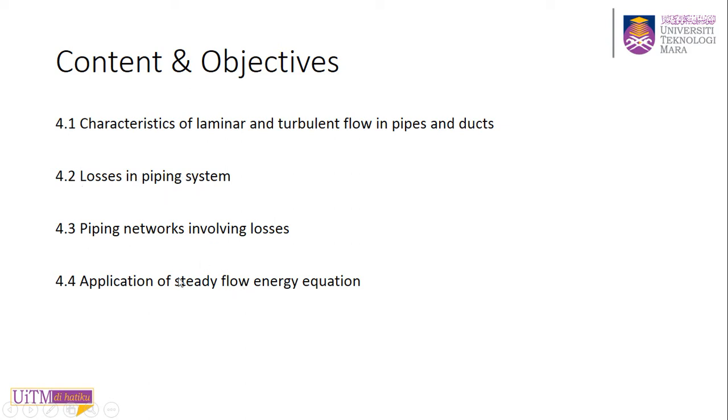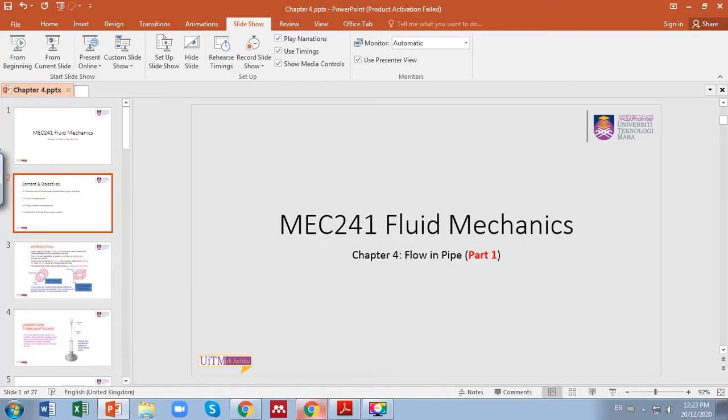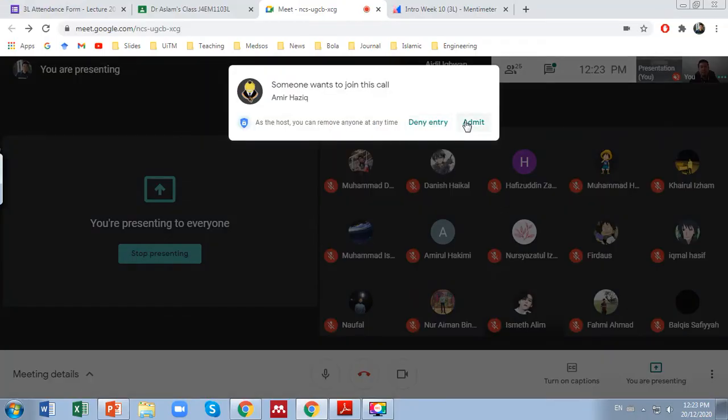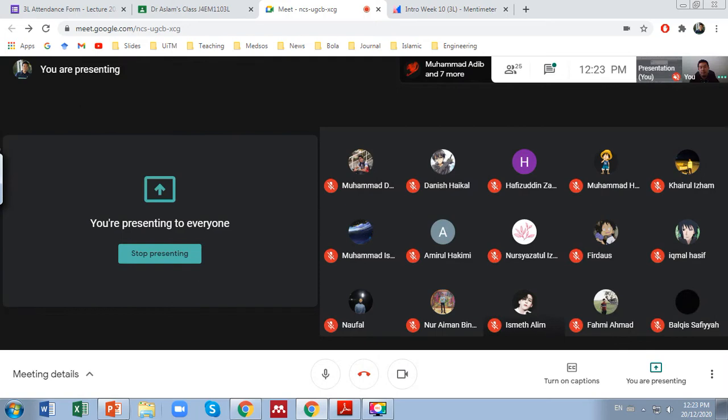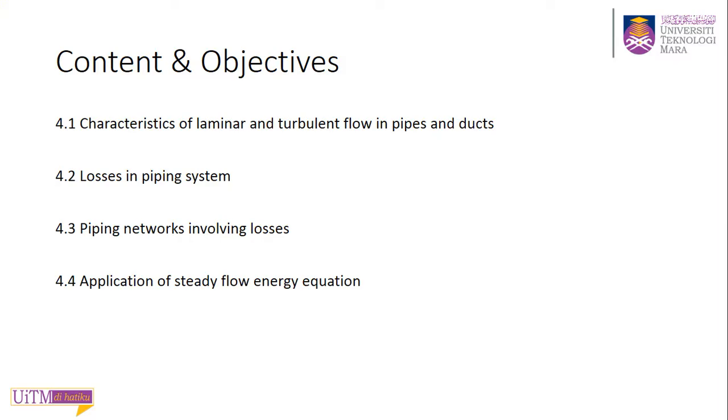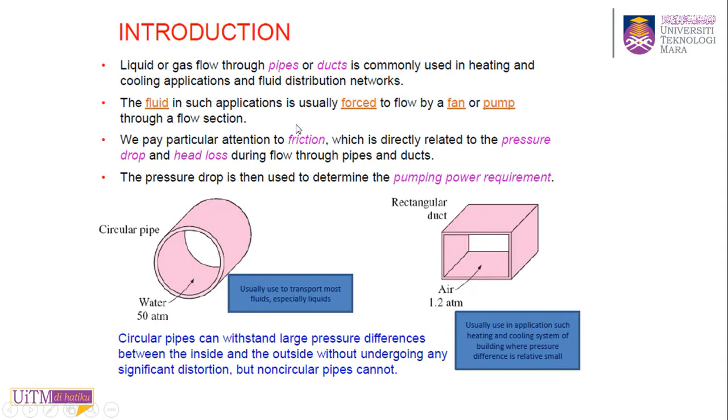Then there are losses in piping systems, piping networks involving losses, and lastly the application of the steady flow energy equation. For today we just touch on laminar and turbulent flow. 4.1.